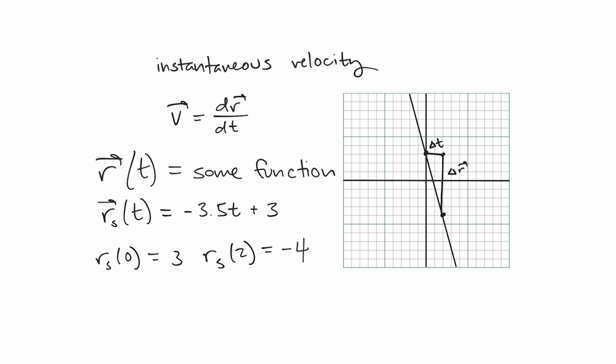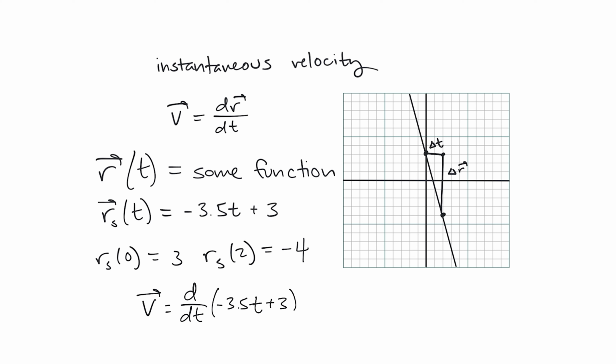So the slope of your line is equal to velocity, and the slope of a line at a point is exactly what a derivative finds. So if we take the derivative of our function, we find the velocity. So velocity equals d/dt of the function, which is negative 3.5t plus 3, with respect to time.